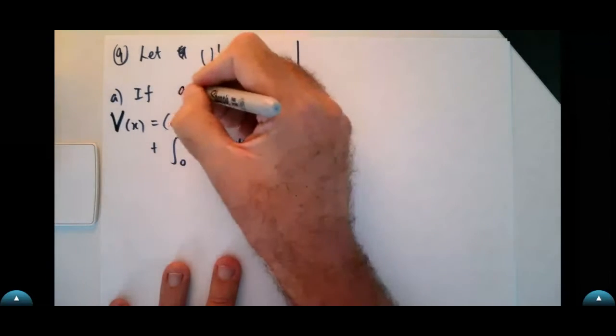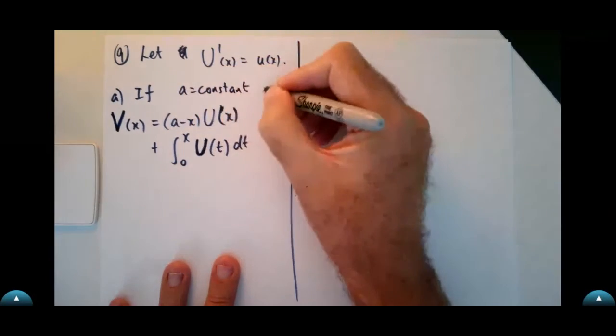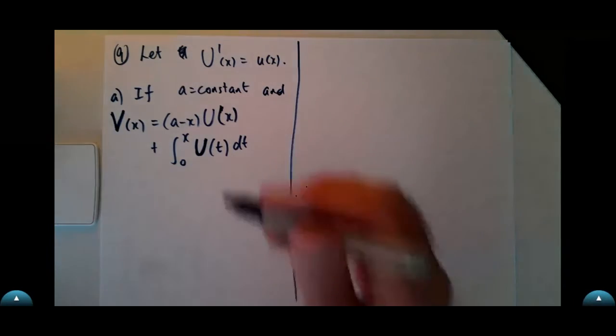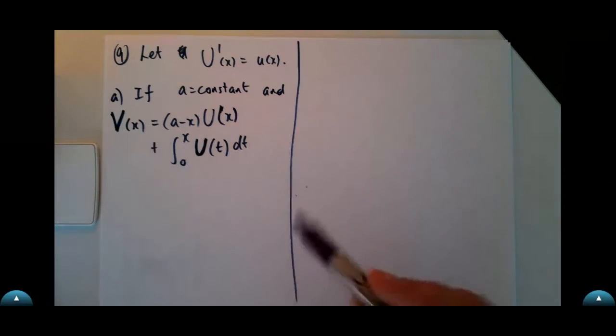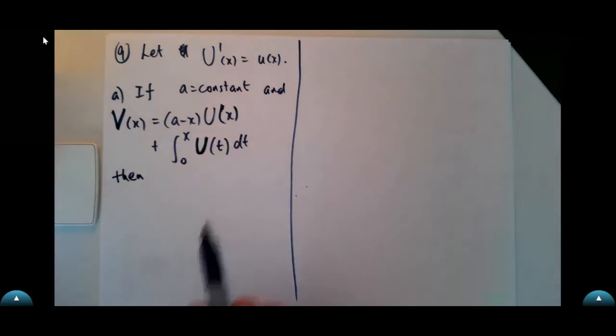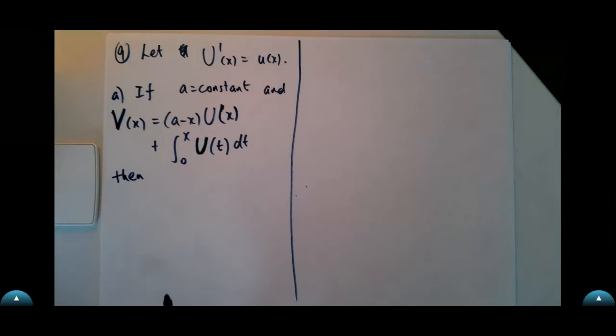Okay. If A is a constant, and this is how we define our capital V, what is the derivative of capital V? So we've got two things to differentiate here. We're differentiating with respect to X on both sides.